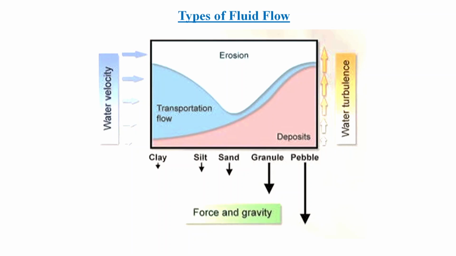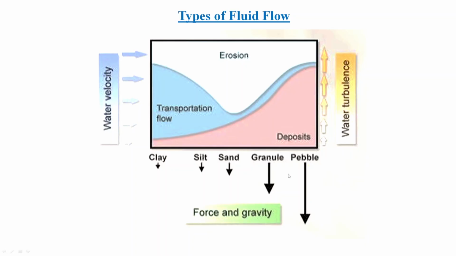If I start with the last one, pebble, obviously pebbles are of larger size, so the weight will be a little more in comparison to granule, sand, silt or clay. Under the action of gravity, there is a gravitational pull on this pebble, and that is why the pebble does not want to move from its own position.